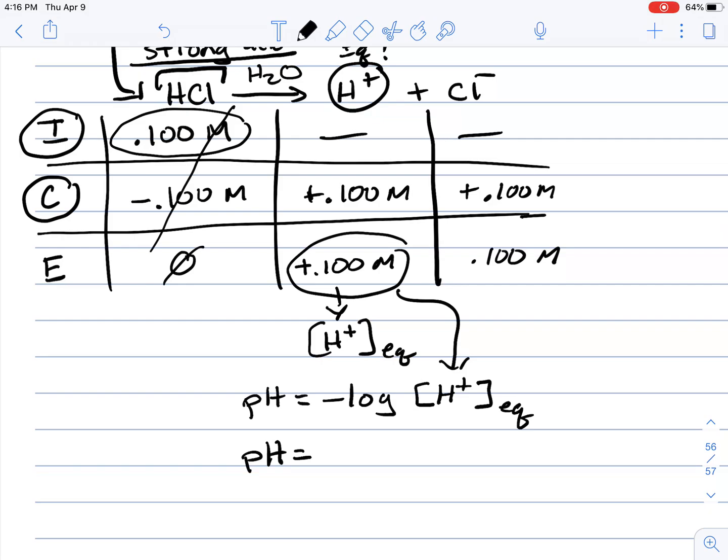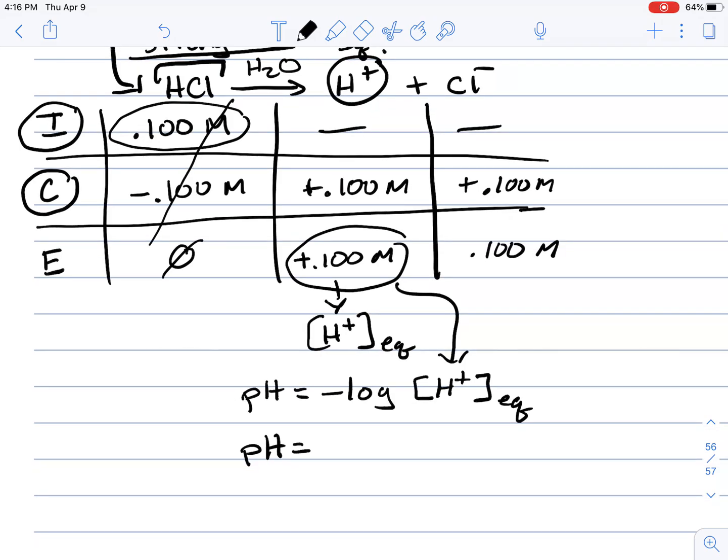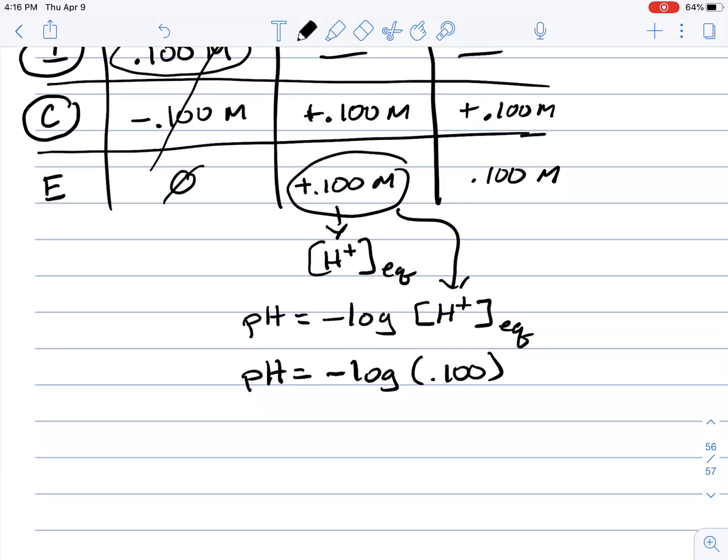So in other words, my initial pH. And so I'm going to take the negative log of 0.100. And so therefore my pH is going to equal 1.000.